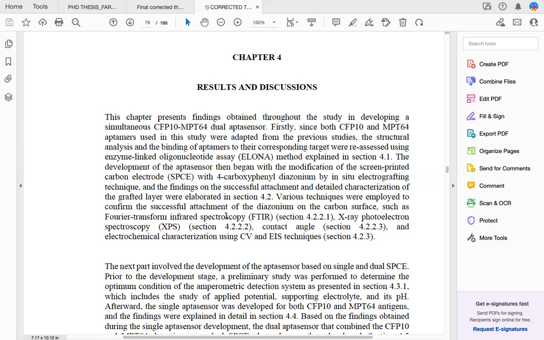Whenever you do chemical modification, FTIR is a must, before and after. Because FTIR can show you what functional groups, like alcohol, carboxyl, aldehyde, ketone, appear on the surface after what you have done.